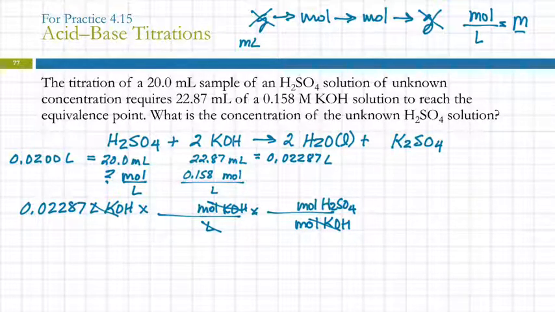The mole ratio comes from the balanced chemical equation that I just wrote. 1 mole of sulfuric acid reacts with 2 moles of potassium hydroxide. This is the molarity that was given, 0.158 moles per liter for the KOH.